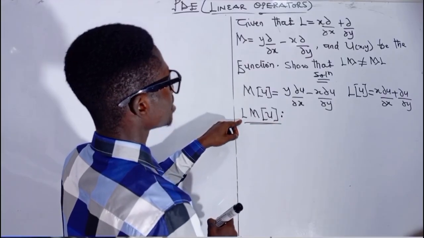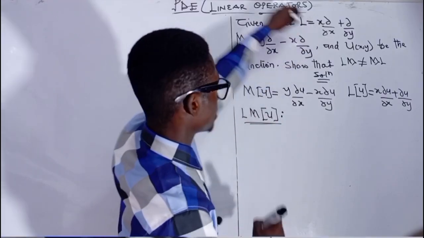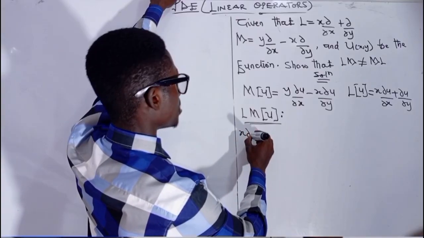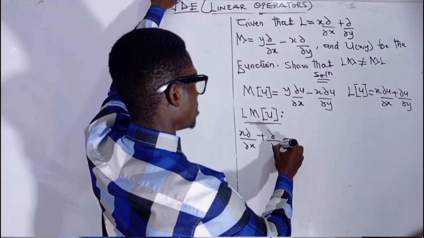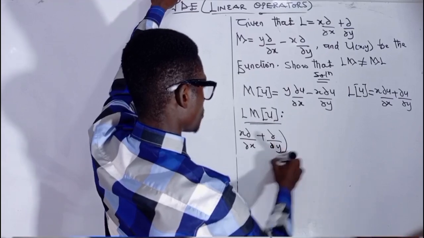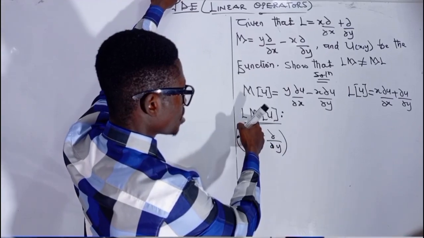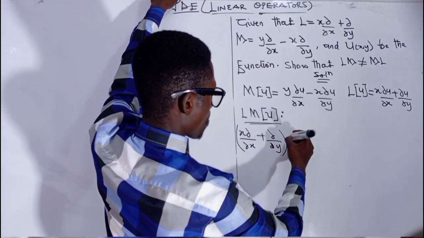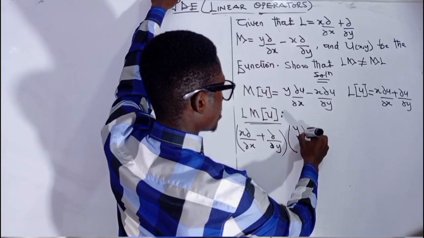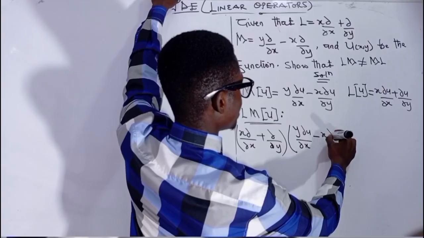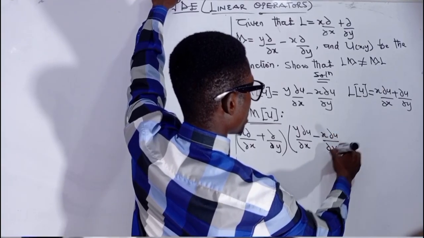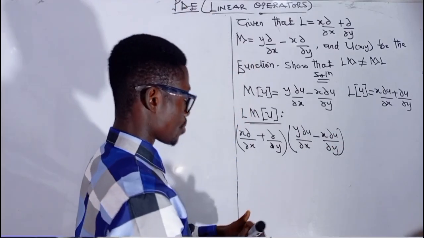The operator L is defined as x ∂/∂x plus ∂/∂y. So this is the operator L operating on Mu. So this is Mu. We have y ∂u/∂x minus x ∂u/∂y. This is what we want to look at.